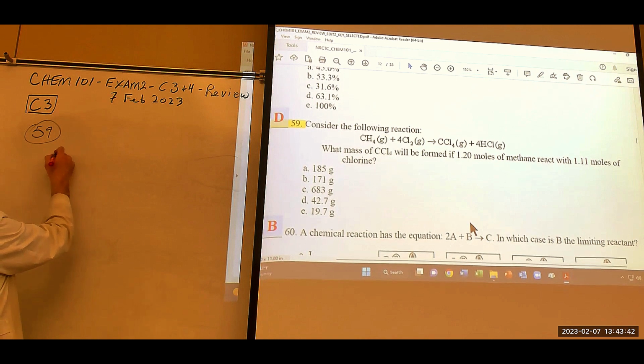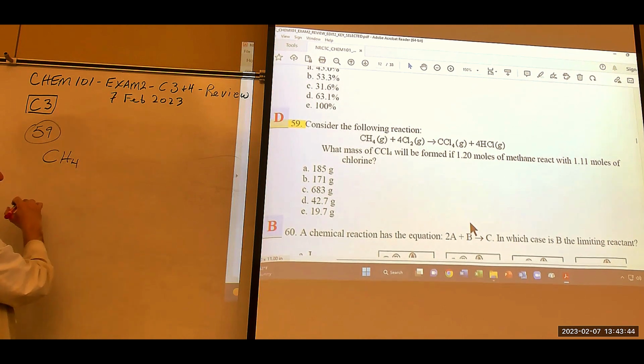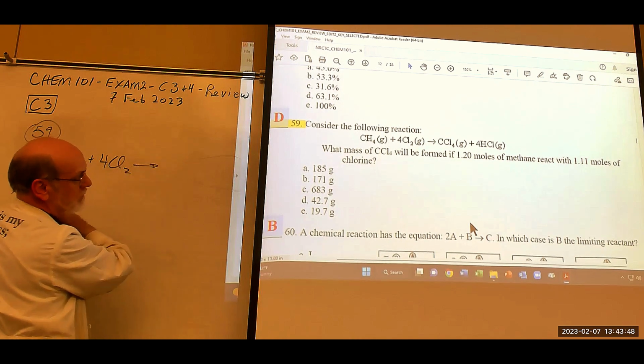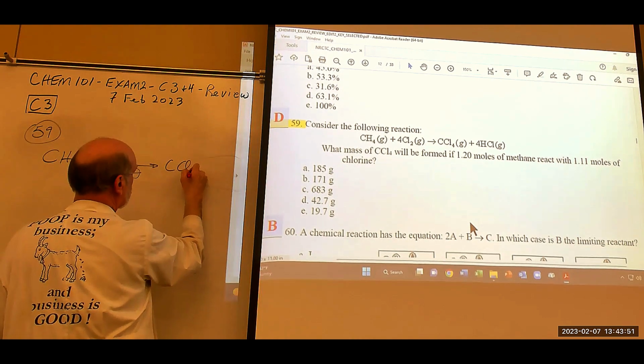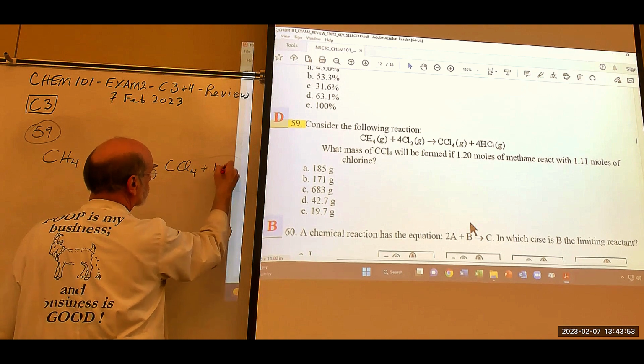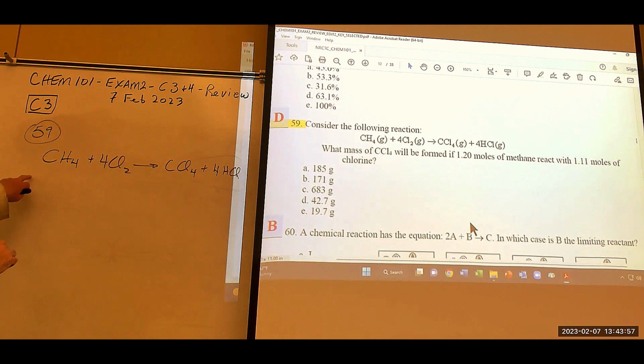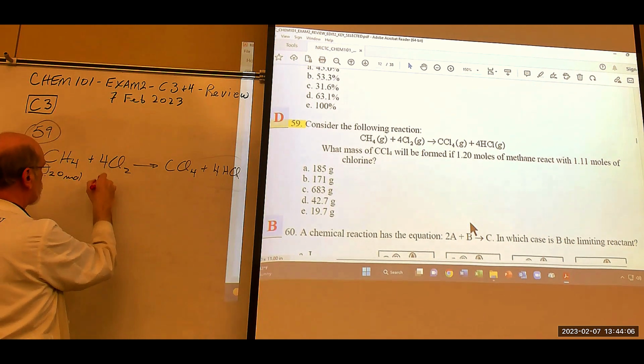So we're given the balanced equation. Maybe I'll do this one. 4 chlorines. It was carbon tetrachloride plus 4 HCl. All right, so we're given 1.2 moles of methane and 1.11 mole of chlorine.